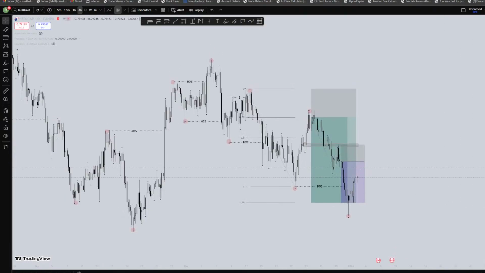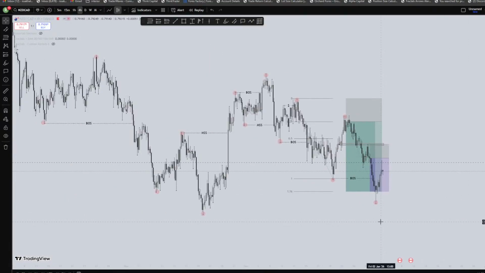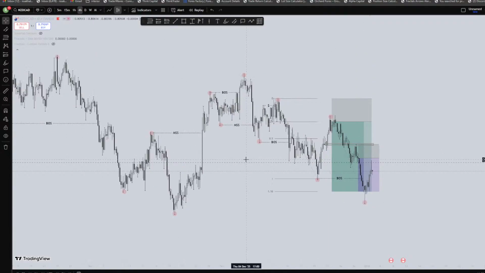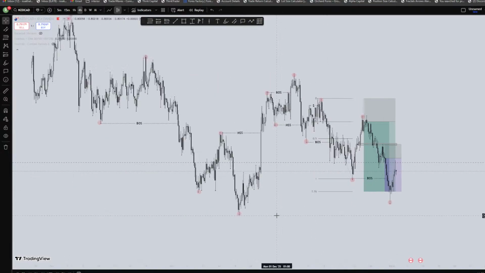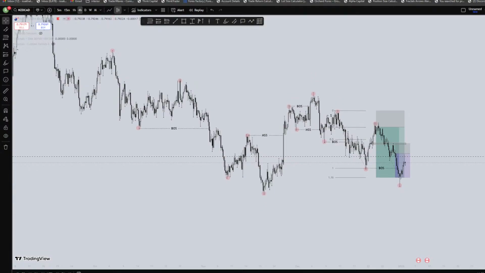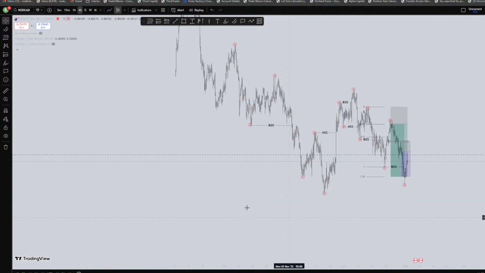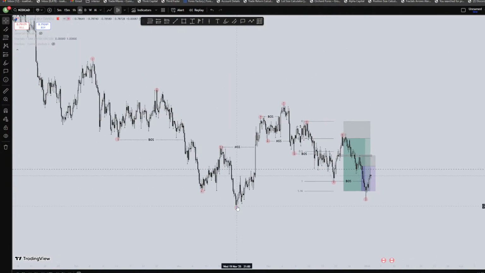So we also have an opportunity right there. You see now on the chart, we have BS and MSS. Close, push back. So this is for externals. As you can see, there's nothing really near.